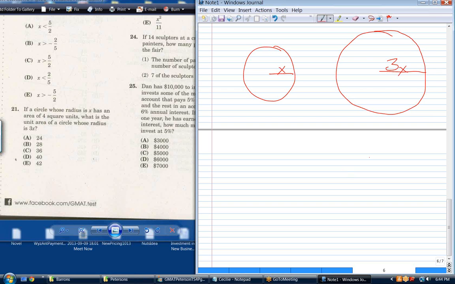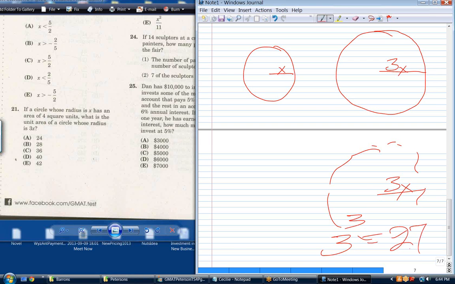If I had a sphere, 3-dimensional, that had 3x as its radius, the volume of this sphere would be 3 cubed, or 27. So the volume ratio is 27 to 1. When you go from 1 dimension, where we have a radius, to 2 dimensions, where we want the area relationship, we square it.